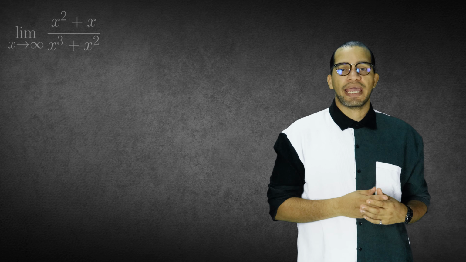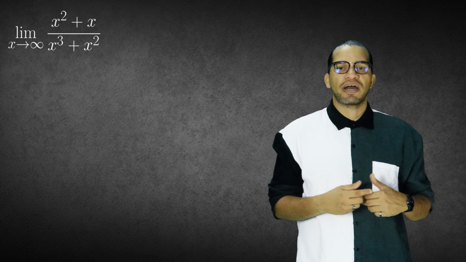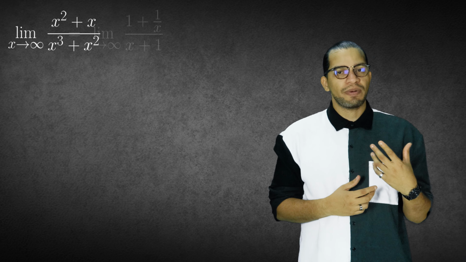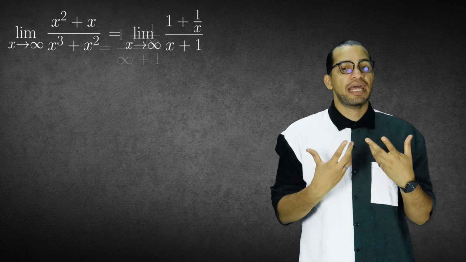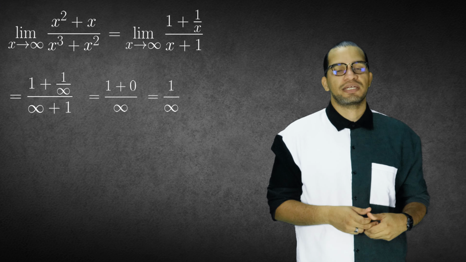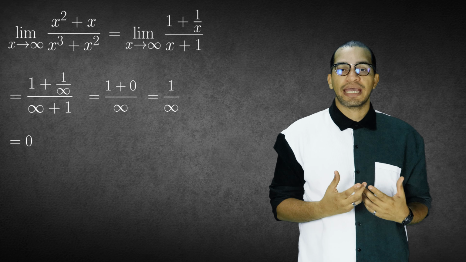If we do the opposite, that is, the limit when x goes to infinity of x squared plus x divided by x cubed plus x squared, and we divide by x squared both the numerator and the denominator, and we do the naive substitution, we get a number divided by infinity. And by the algebra of infinities, we get 0.